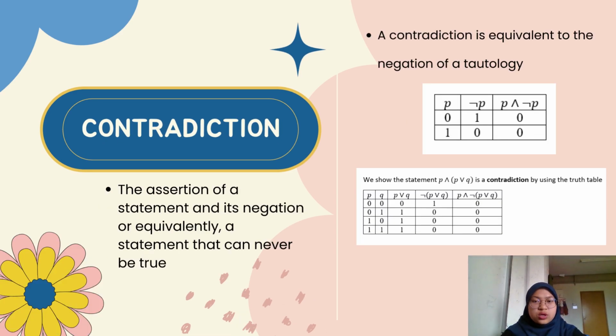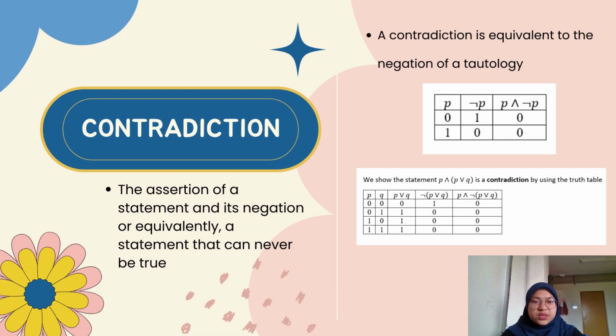Next, contradiction. A contradiction is the assertion of a statement and its negation, or equivalently a statement that can never be true. A contradiction is equivalent to the negation of a tautology. We need to create the truth table: P: 0, 1; not P: 1, 0; P and not P: 0, 0.